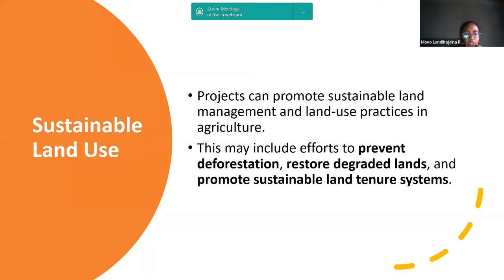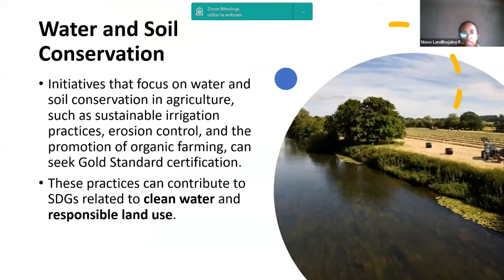Another application is sustainable land use. Projects can promote sustainable land management and land use practices in agriculture. This may include efforts to prevent deforestation, restore degraded lands, and promote sustainable land tenure systems. Another one is water and soil conservation.